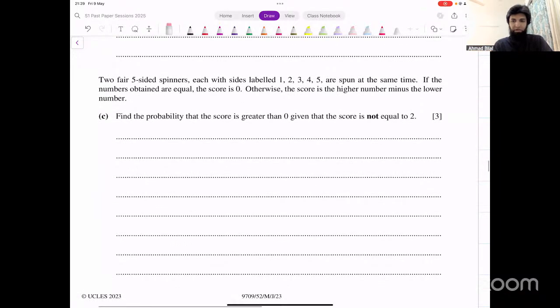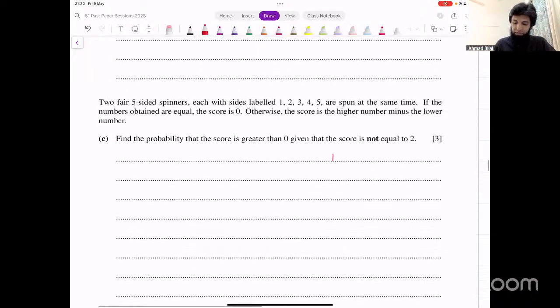We've got two spinners that we're spinning, and then the score is calculated using some formula. When you have two events, it's often a good idea to make a 2D matrix, if that's feasible. In this case, that is feasible. We can make a 2D table for this. On one axis, you would have the numbers from one spinner, 1, 2, 3, 4, 5.